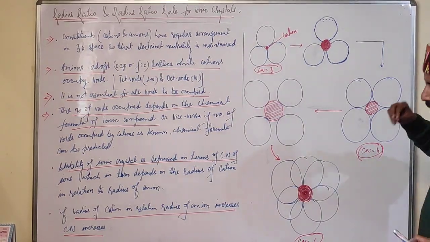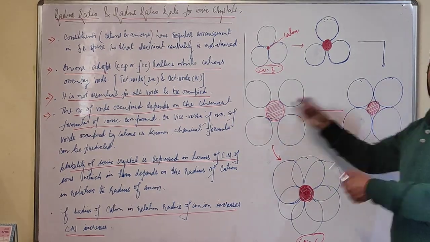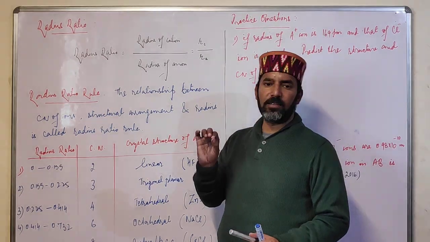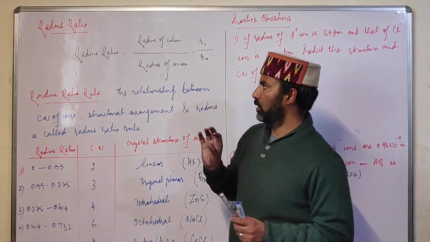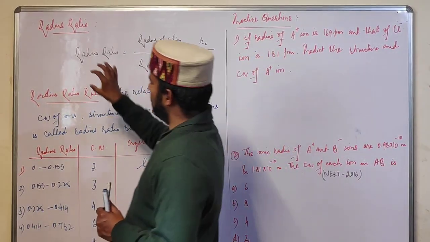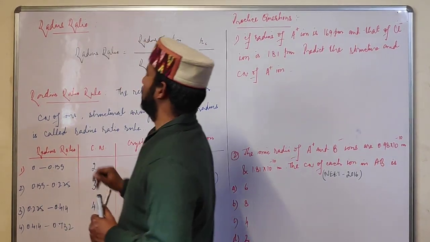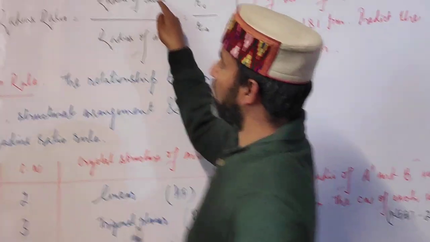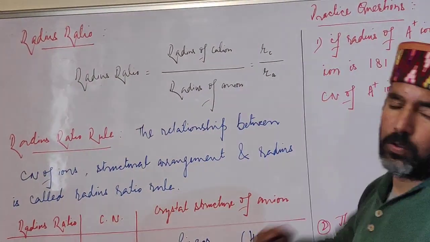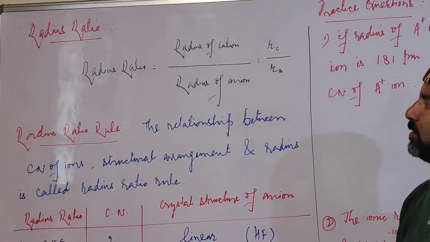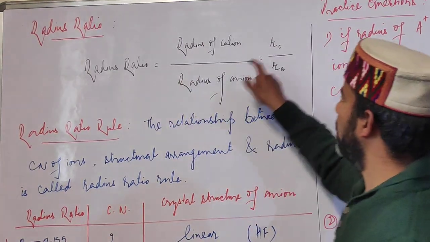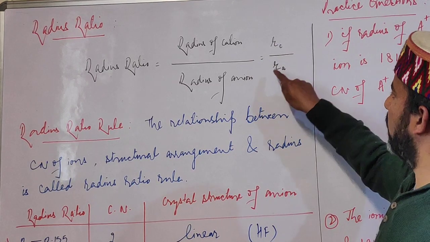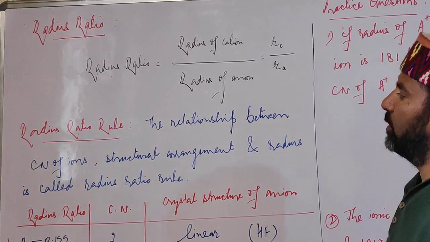So students, now I will tell you what is radius ratio. As the term suggests, radius ratio is the ratio of radius of cation to that of anion. So radius ratio is the radius of cation, which we denote by RC, to the radius of anion, that is RA.